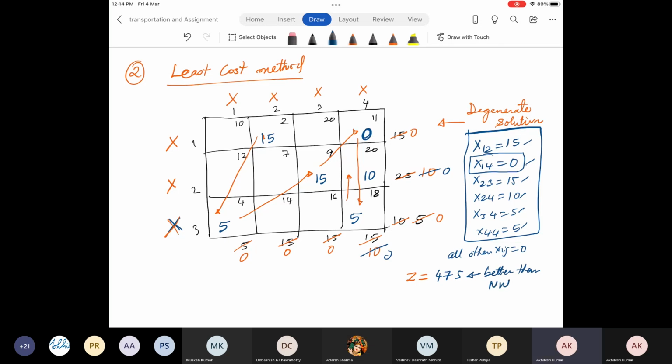Still, I want you to criticize this method. Although it is better than Northwest, I want you to criticize this method based on something. Anything you can think of?